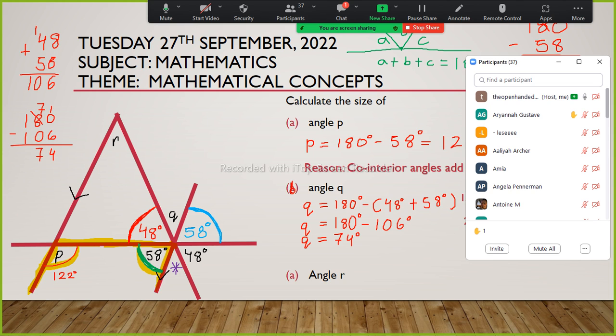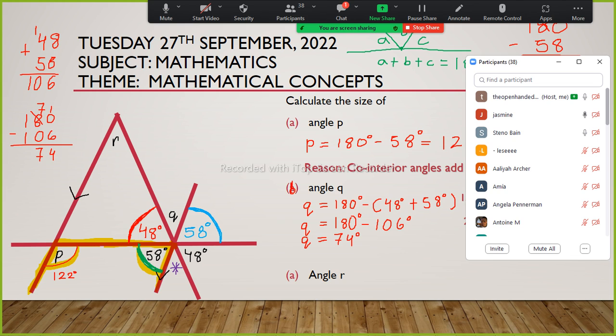Anyone else want to give it a try? You want me to try? Yeah, try it. Okay. 180, open bracket, 128 plus 106, close bracket. Oh, no. I could try. Go ahead, try. 180 minus 122.